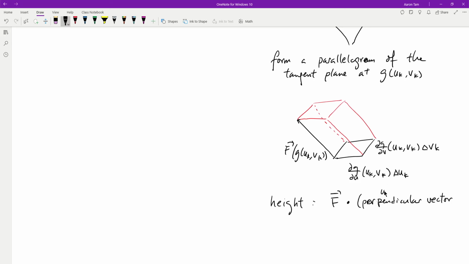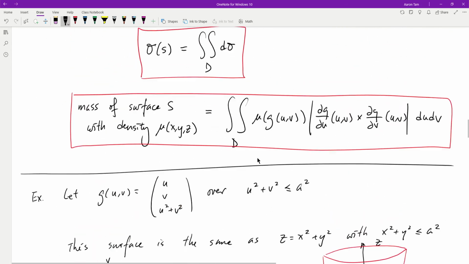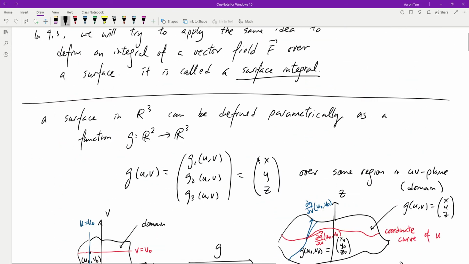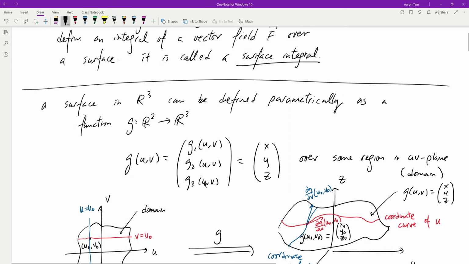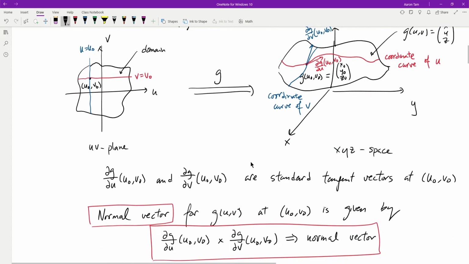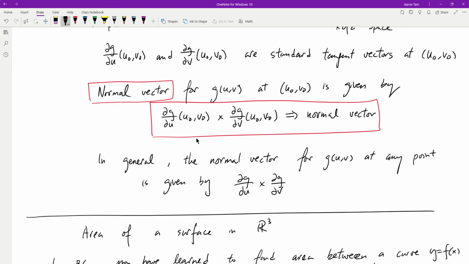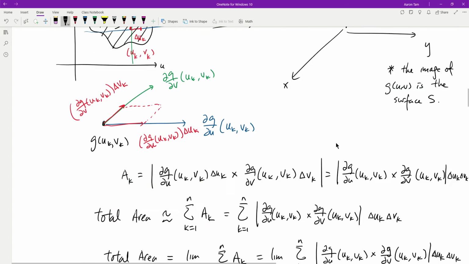But not just any perpendicular vector, unit perpendicular vector. Remember, that's called projection. And lucky for us, we know the perpendicular vector, because that's the first thing we talk about in chapter 9.3.